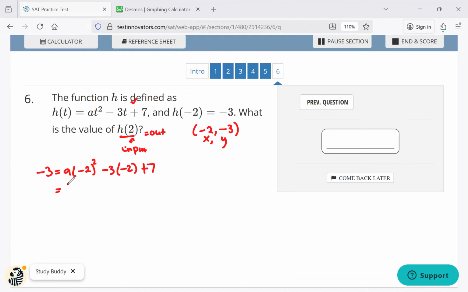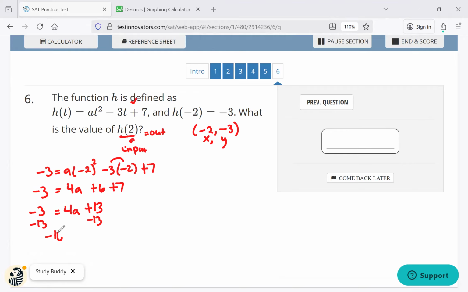Negative 2 squared is 4, that's 4a. Negative 3 times negative 2 is plus 6, plus 7. 6 plus 7 is 13. Subtract 13 from both sides.